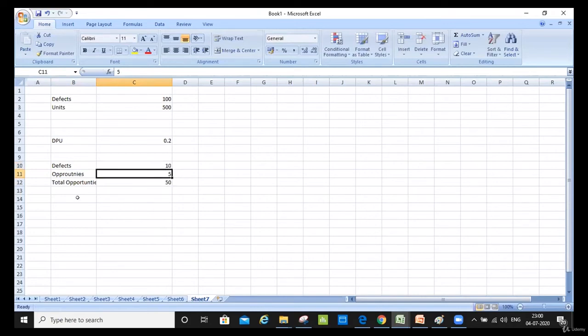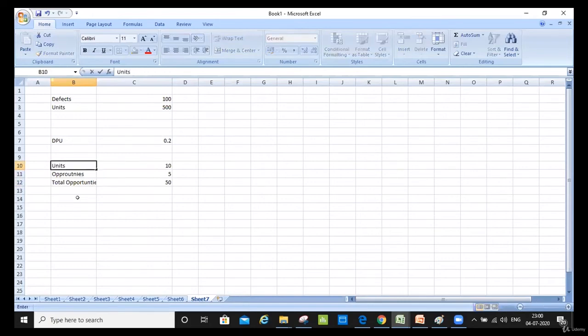So 5 things I'm monitoring in every unit. So my total opportunity becomes 50. Okay. So we wanted the units times opportunities rather than defects times opportunities, the total opportunity. If there are 10 units and each unit has got 5 opportunities, then the total number of opportunities would be 50. Okay, yes, that's correct.